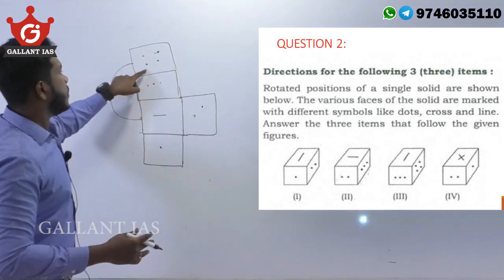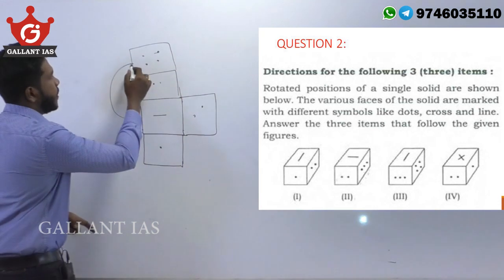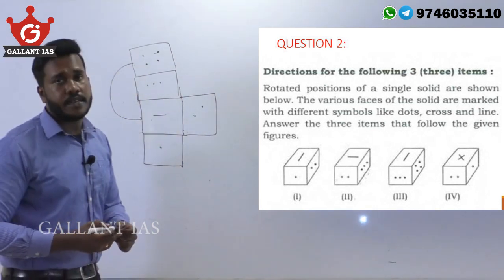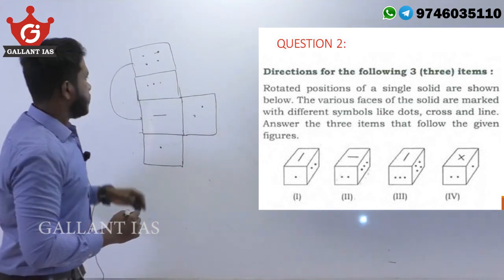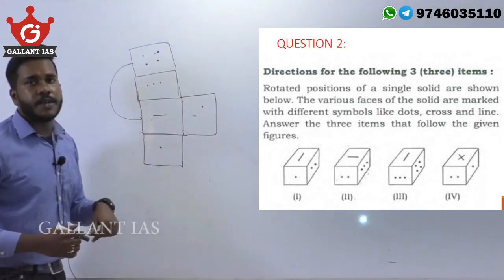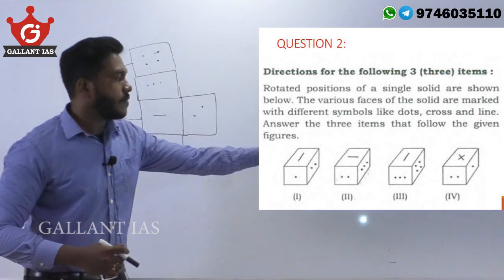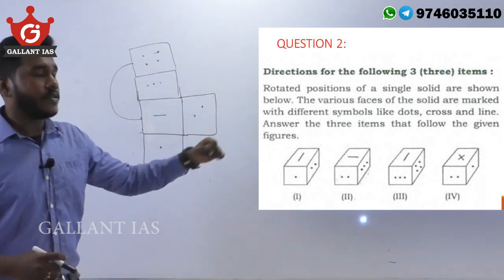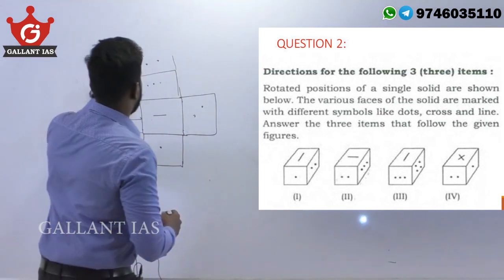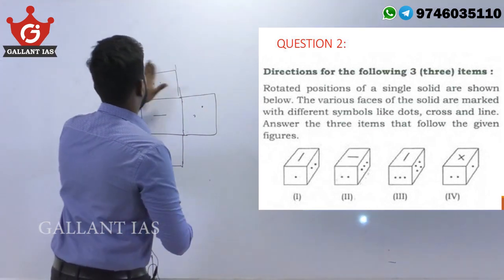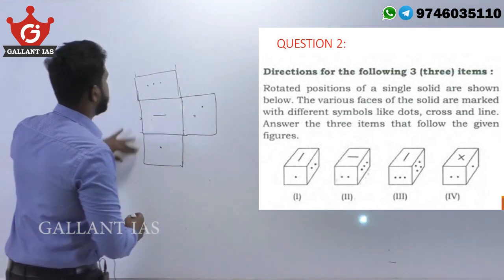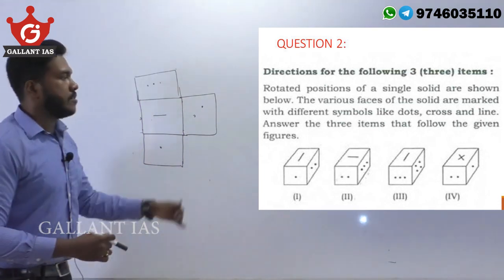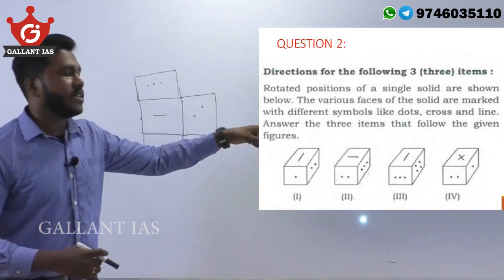So if I am drawing 4 here, the face containing 4 will come alternate to the face containing line, which forms an opposite pair. But from the third orientation we found that 4 and line are adjacent to each other. So we can't draw the face containing value 4 over here. So where do I need to draw it in order to make 4 adjacent to line as well as 3?